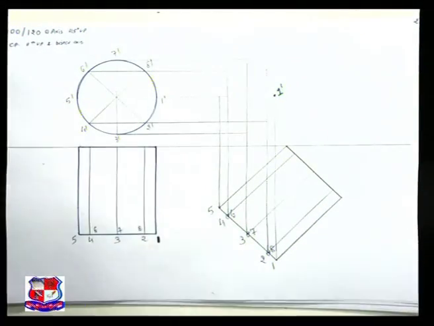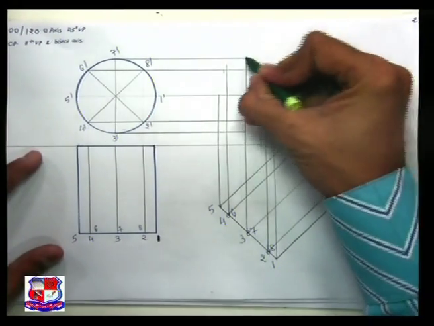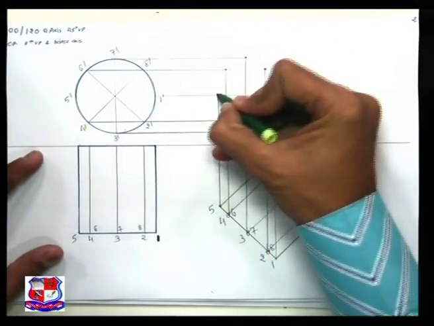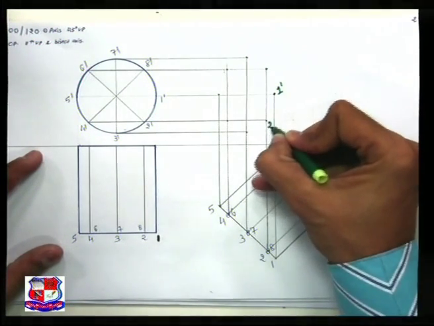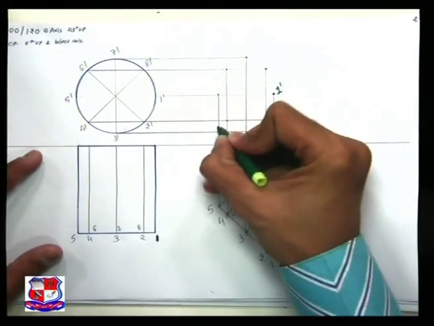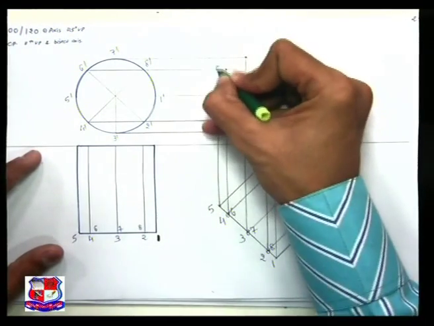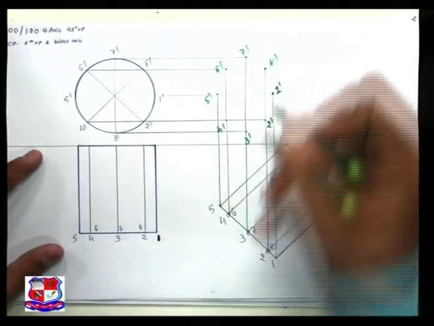And these are the points of our interest. Point number 1, 2, 3, 4, 5, 6, 7 and 8. So name these points: 1 dash, 2 dash, 3 dash, 4 dash, 5 dash, 6 dash, 7 dash and 8 dash.